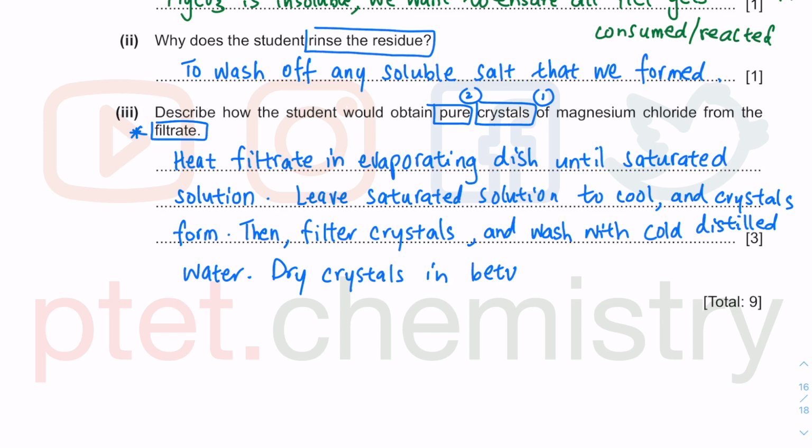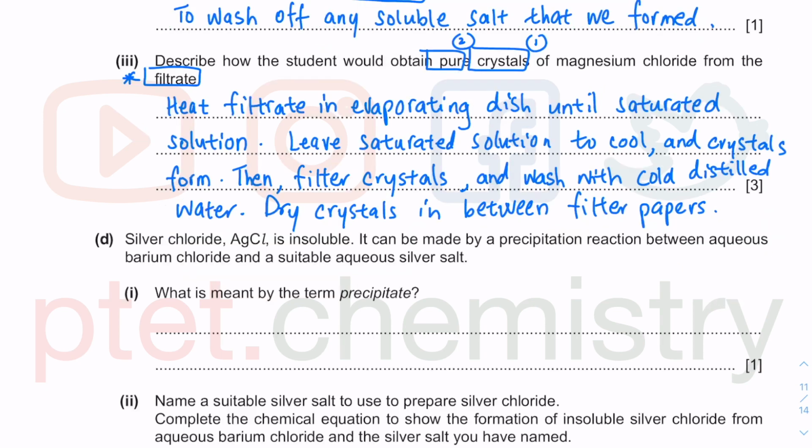These are the key concepts for crystallization: heating until a saturated solution, leaving the solution to cool, and crystals will form as it cools down. And then we filter, we wash, and then we dry the crystals in between filter paper, just like that. You get 3 marks for the crystallization answer.